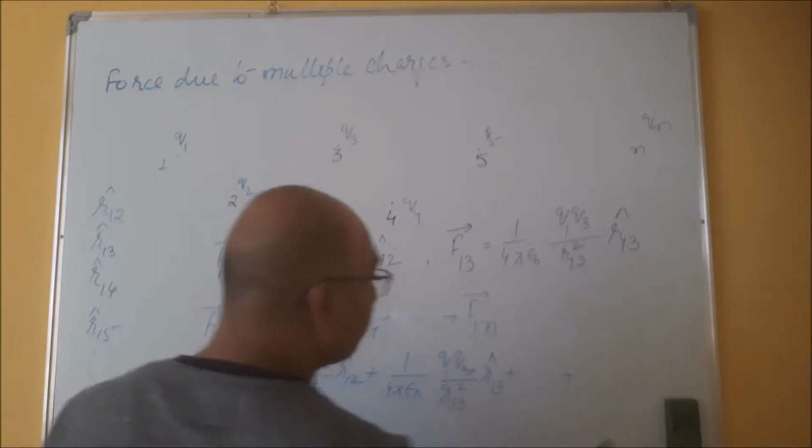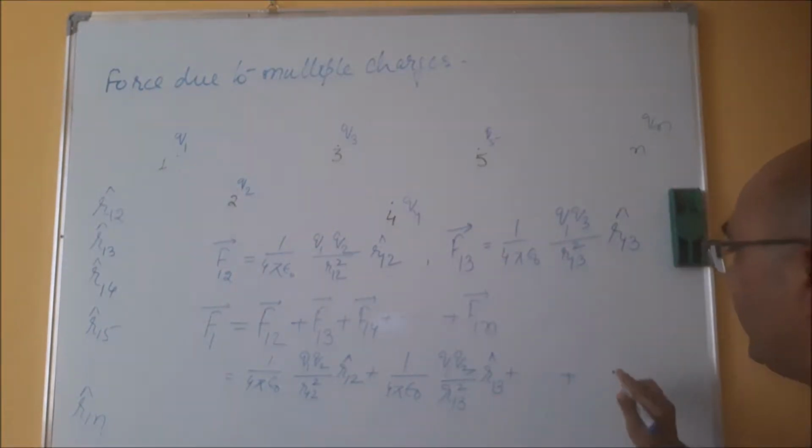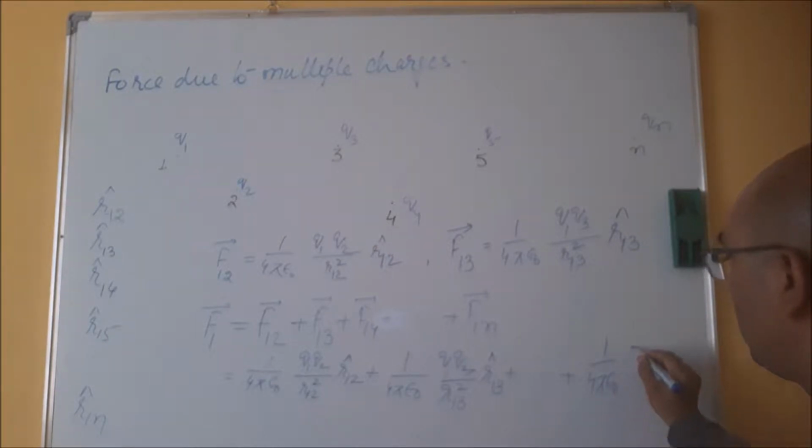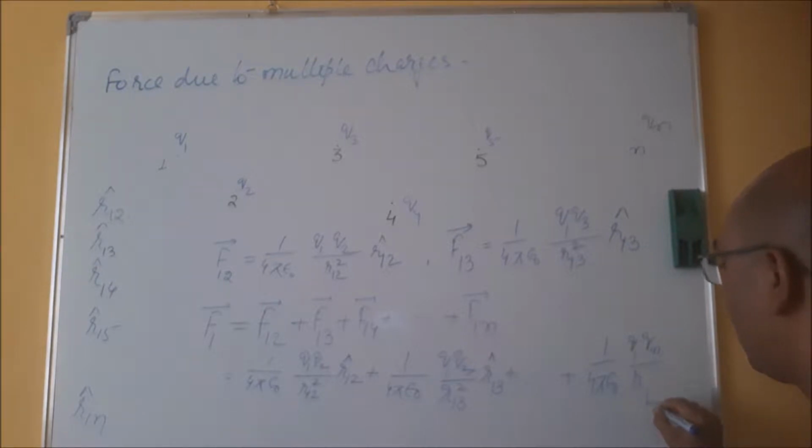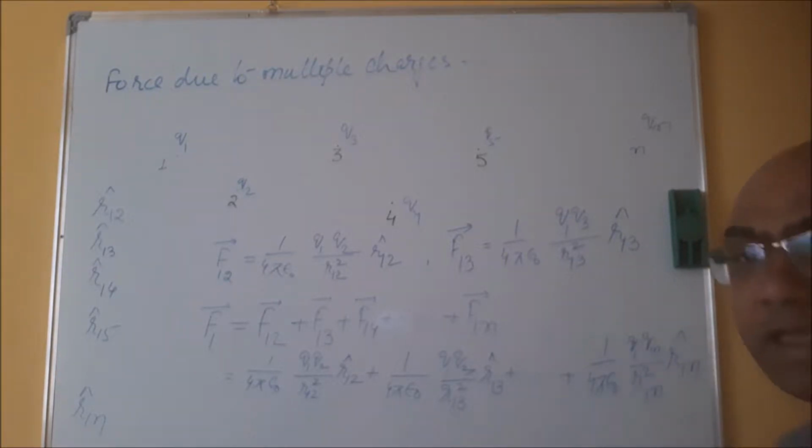I can go to the point n. So at point n, it will be 1 upon 4 pi epsilon naught, q1 qn upon r1n square r1n cap.